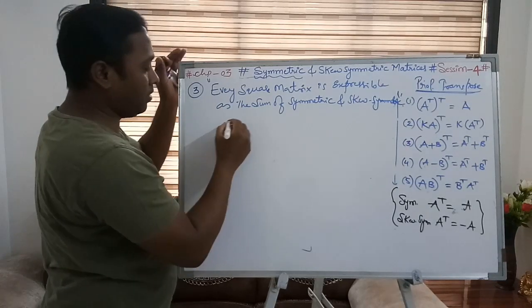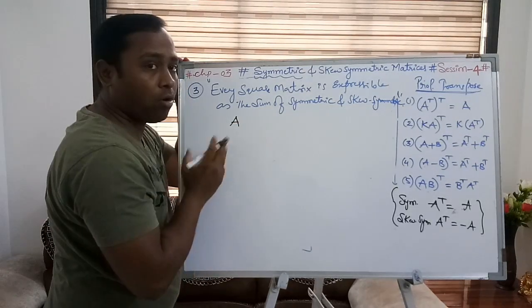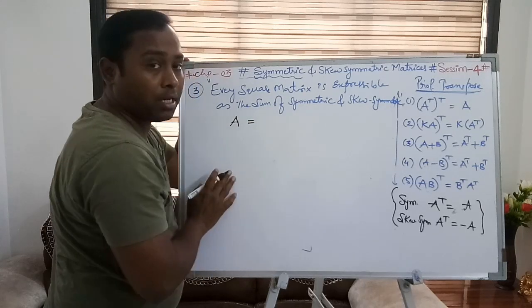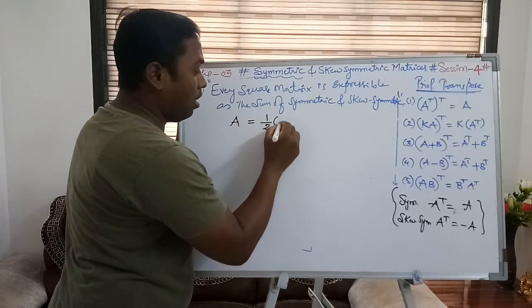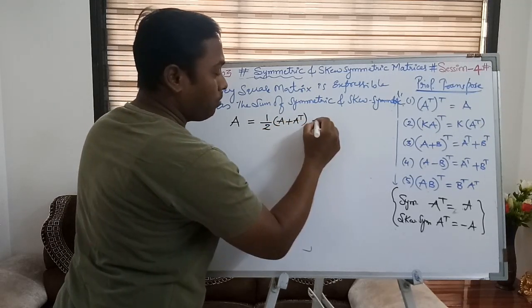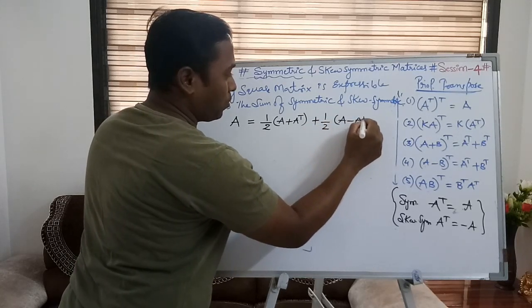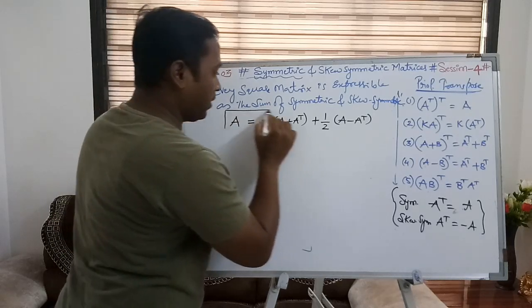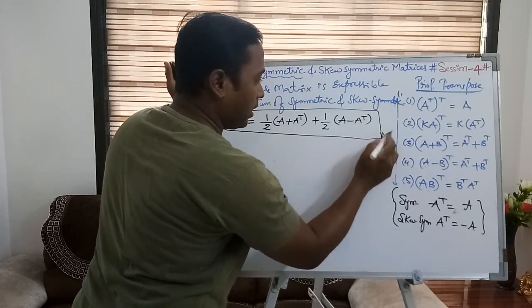What does it mean? It means that a square matrix A of order n by n is always expressible as the sum of half of (A plus A transpose) plus half of (A minus A transpose). I can write the given square matrix as a sum like this.